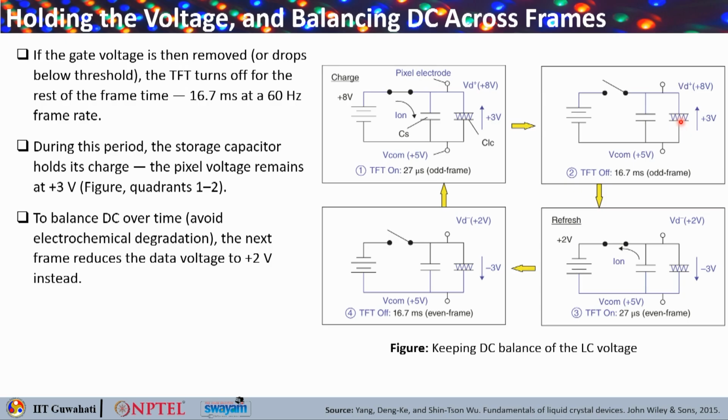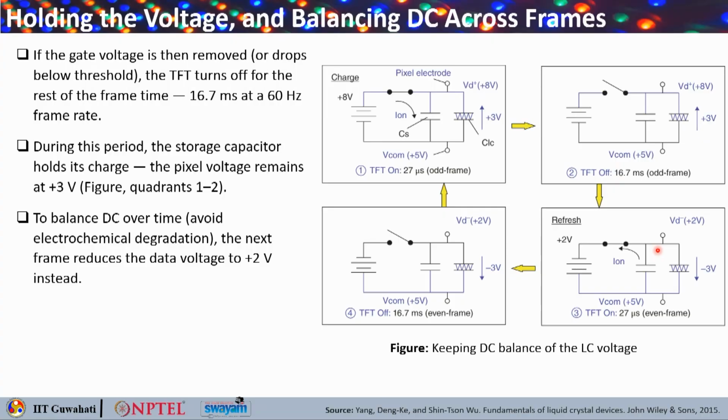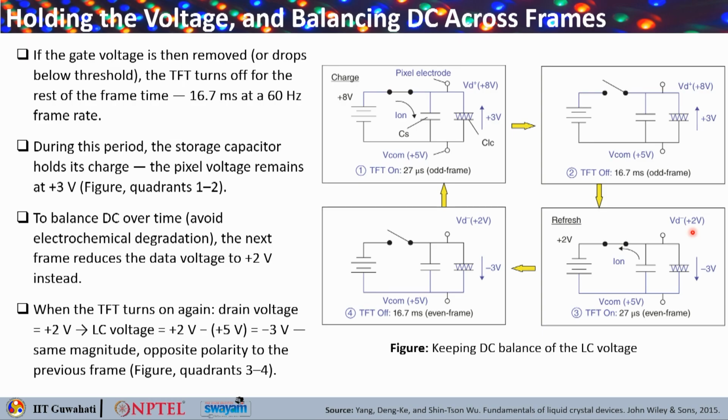Now to balance DC over time, so that you can avoid the electrochemical degradation, you can see in the next frame that it reduces the data voltage to plus 2 volts. Instead of plus 8 it goes to plus 2. So the TFT again turns on, and in this case the drain voltage is plus 2.